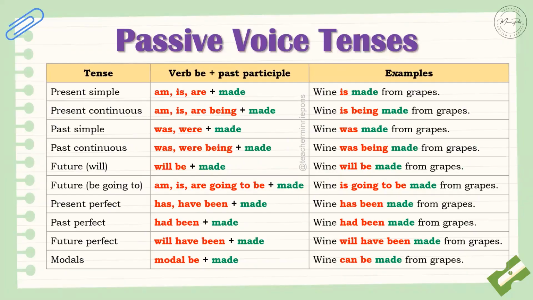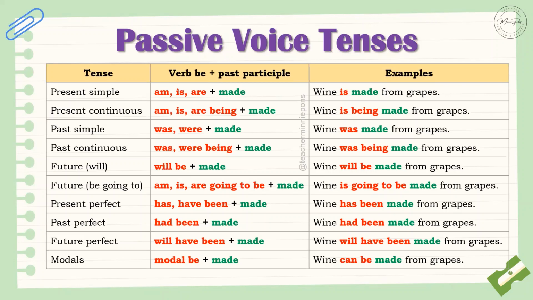In this chart, you can see the most common tenses. As you can see, only the form of the verb be changes to make the tense, while the past participle stays the same. Let's begin with examples. In simple present, wine is made from grapes. In present continuous, wine is being made from grapes.